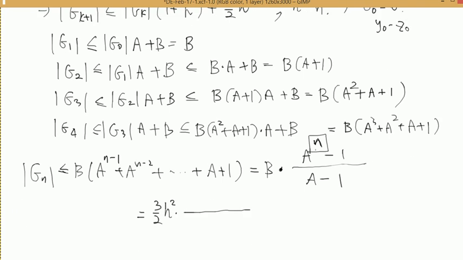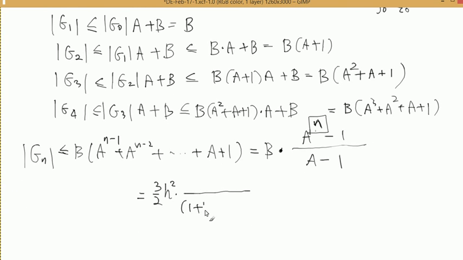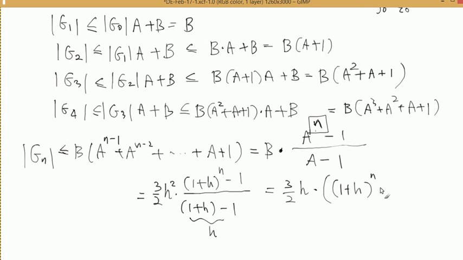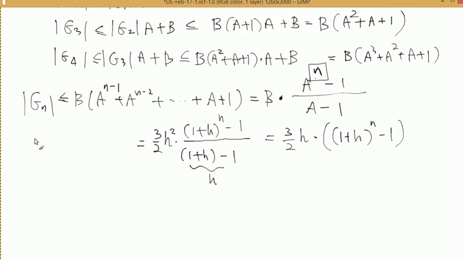It's 1 plus h. There, very nice. Cancel out. And here's 1 plus h raised to nth power, correct? So this is just h, right? Therefore, h cancels, which gives you this number right there. And you're left with this quantity, 1 plus h to the n minus 1. So the gap is less than that.